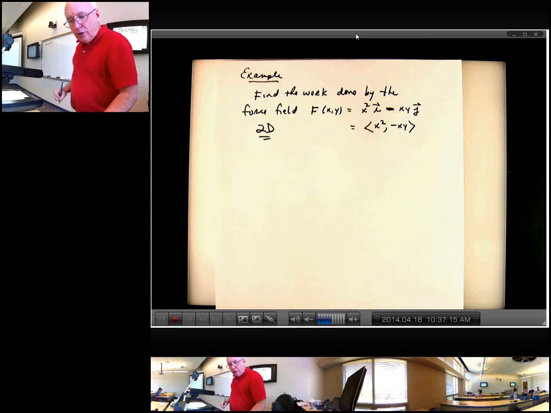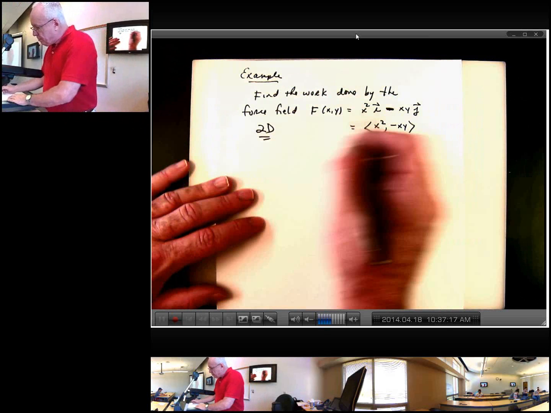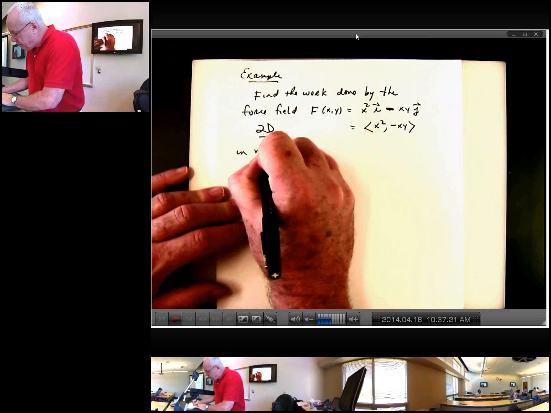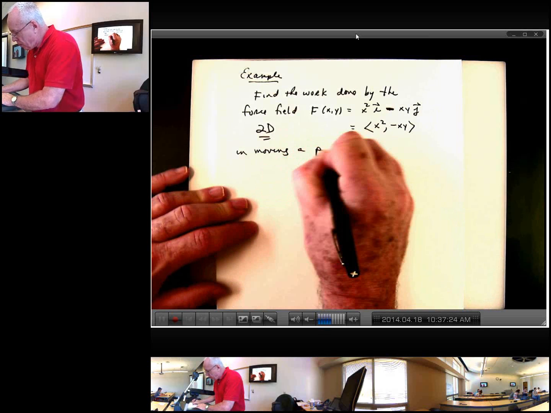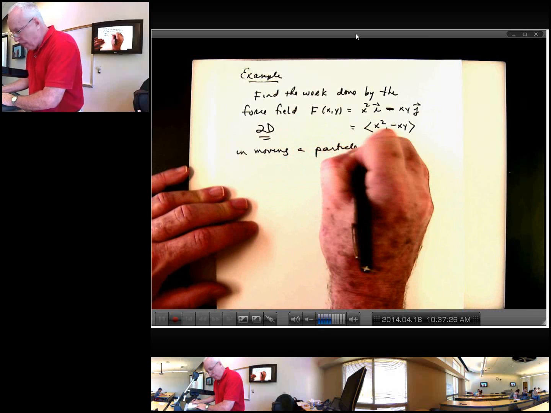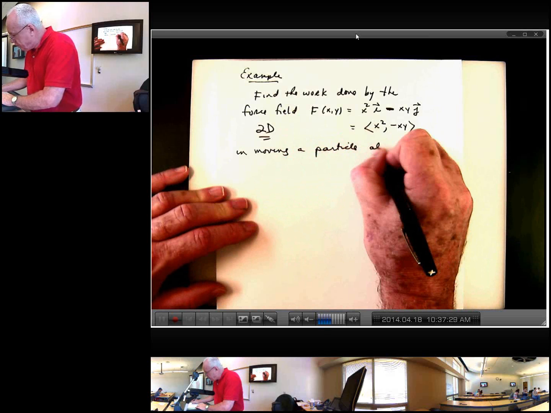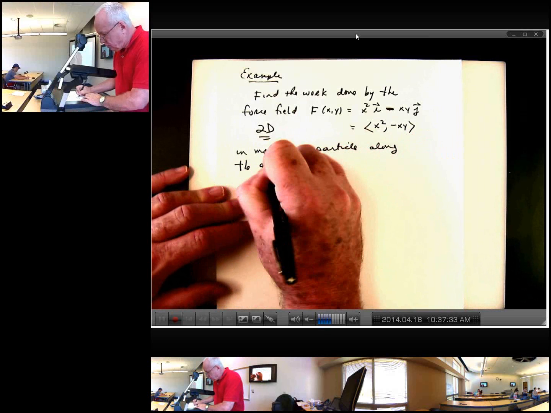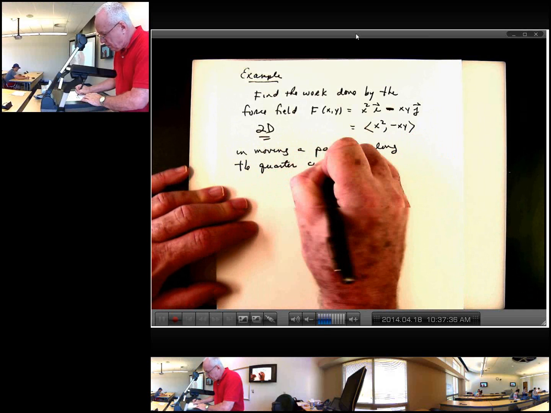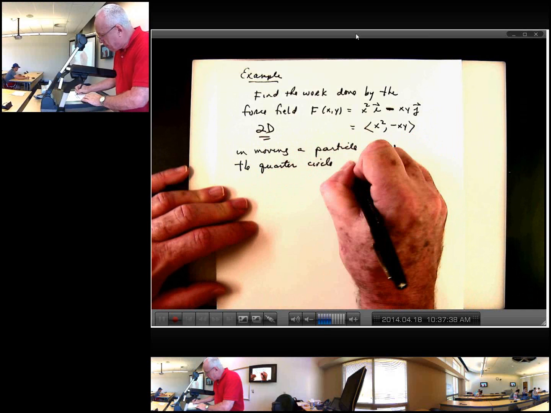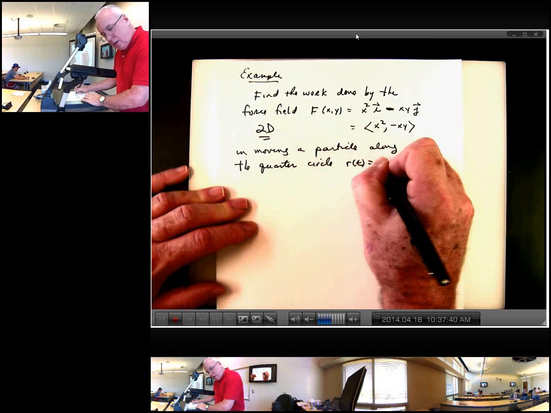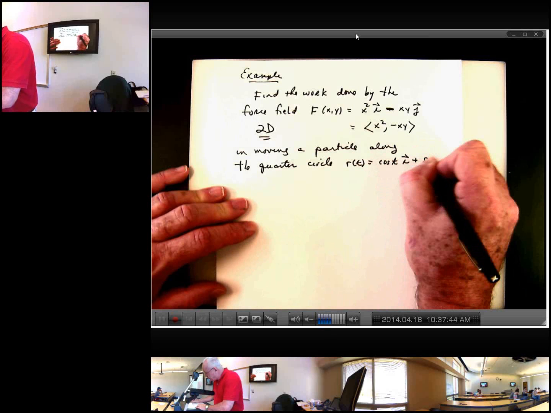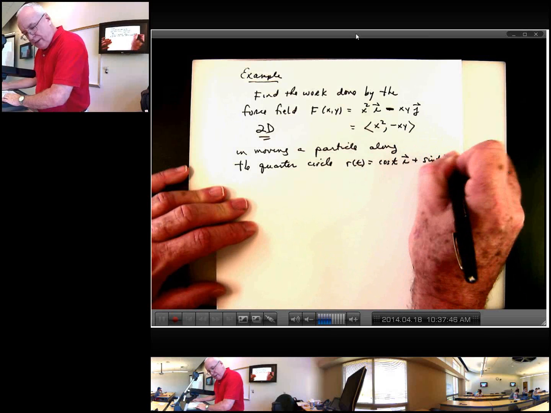And then what's our curve? Find the work done by the force field in moving a particle along the quarter circle given by r of t equals cosine of t times the i vector plus sine of t times the j vector.